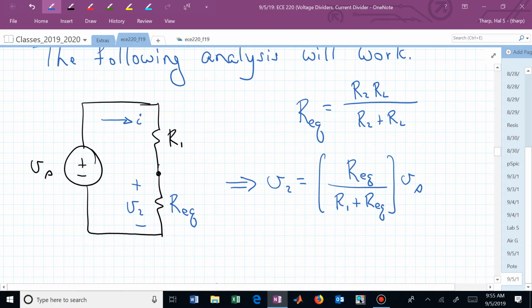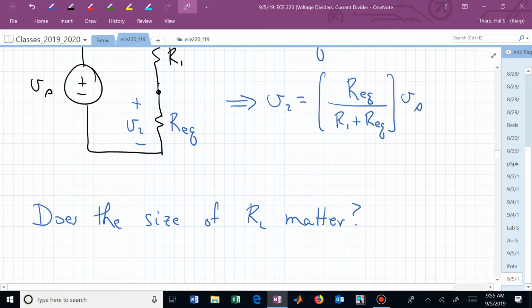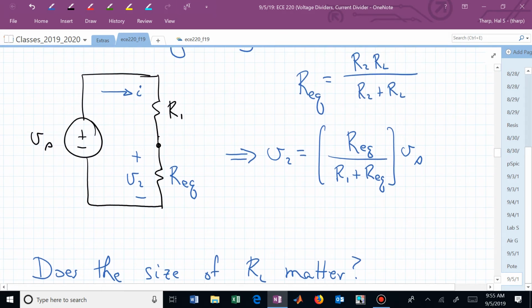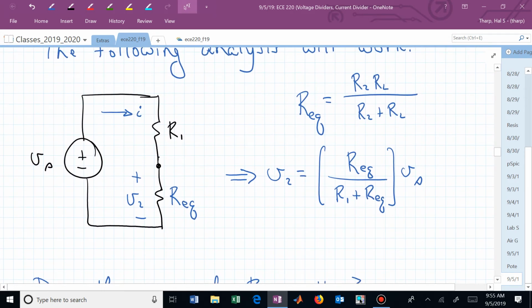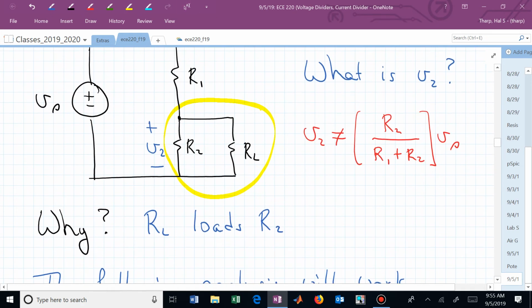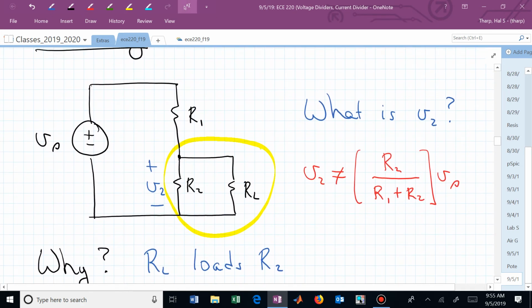Does the size of R sub L matter? Meaning, if I now wanted V sub 2 to be 3 volts, yes, question. Is the voltage through RL the same as through R2? Oh, so now is the voltage across R sub L V sub 2?